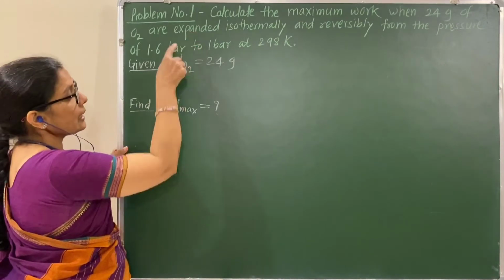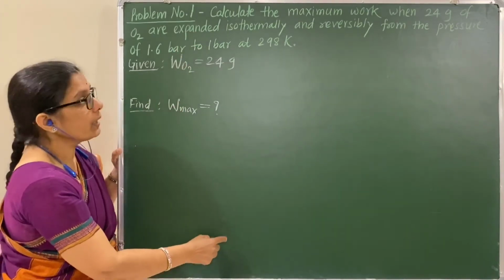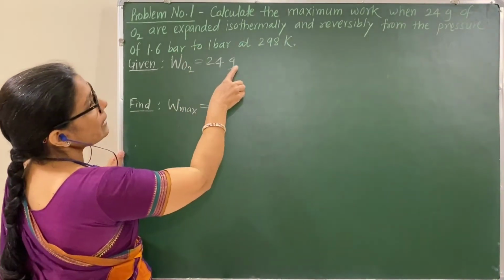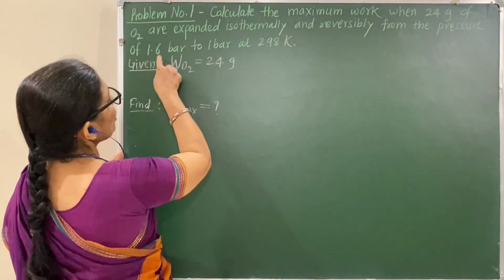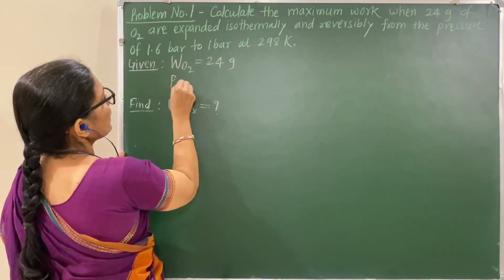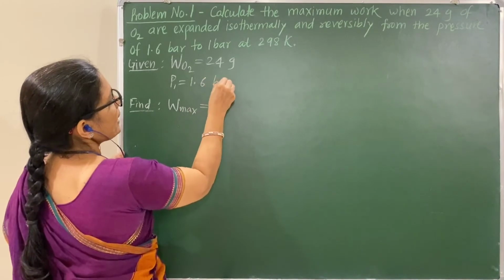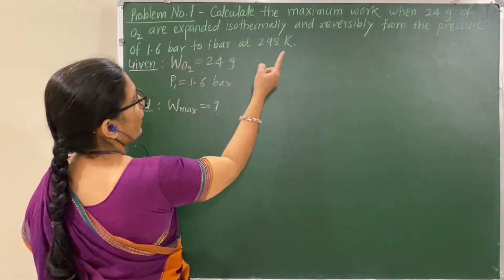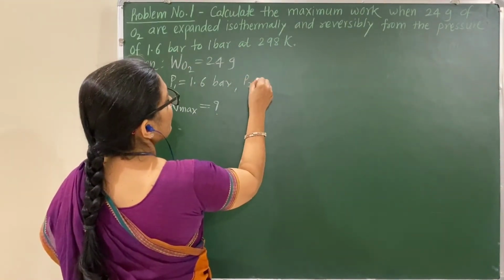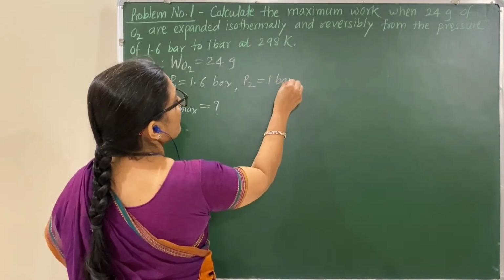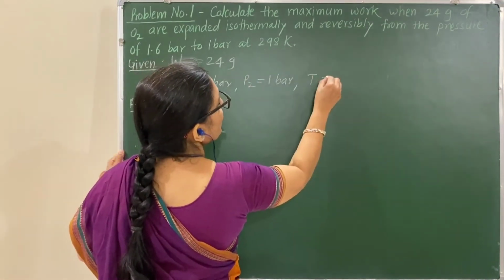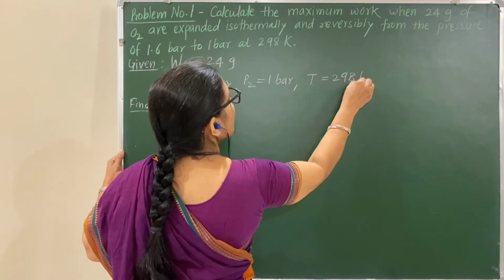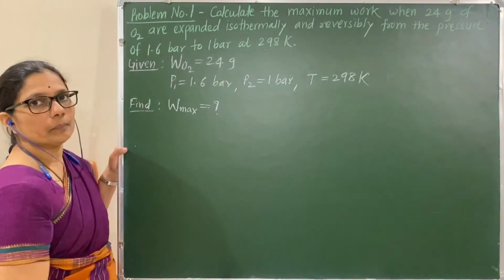Expanded indicates W max obtained is negative here. Next, the pressure from P1 equal to 1.6 bar to P2 equal to 1 bar, and the temperature 298 Kelvin is given in Kelvin.